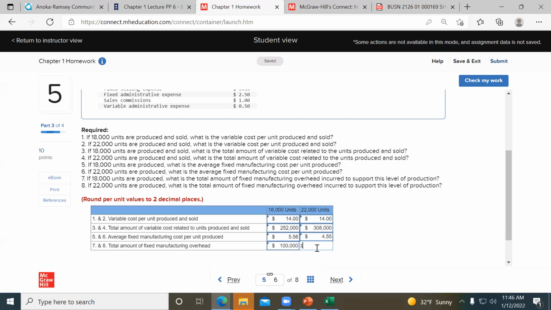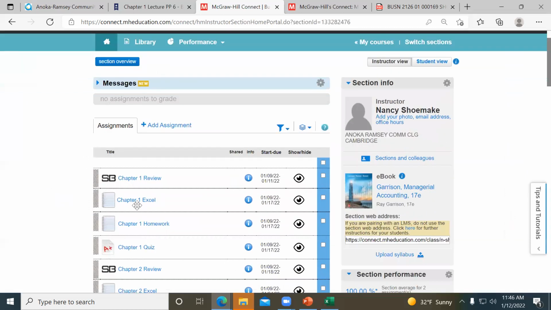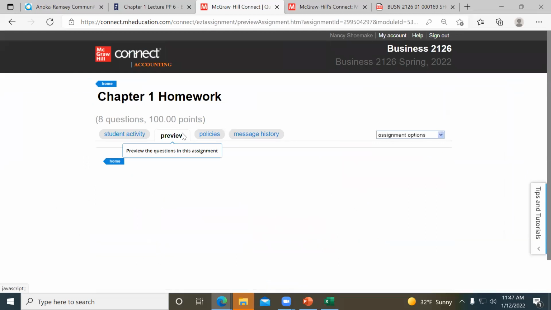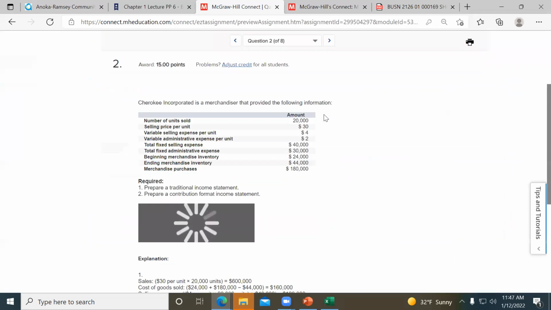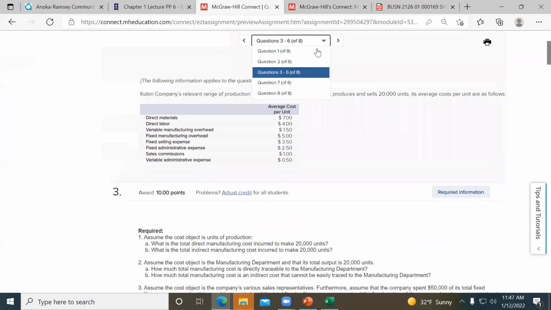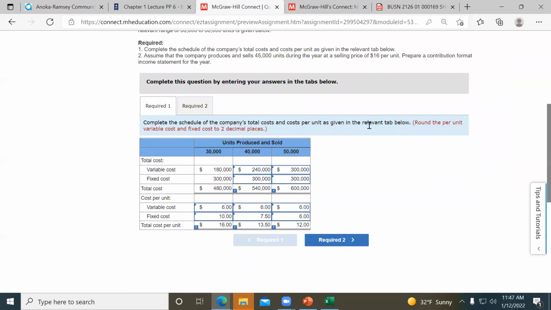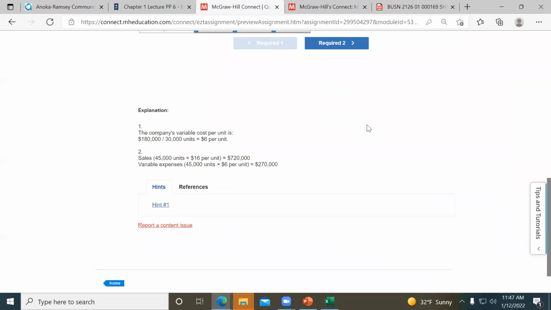Okay. Now, because we're running out of time, I'm going to pull up the rest of the questions so you can take a picture of them. Here's number 7. And what will even be more helpful is for you to see the reasoning down here, okay?